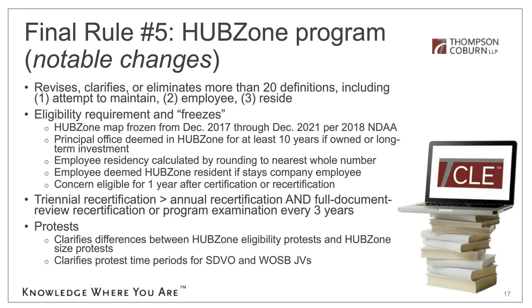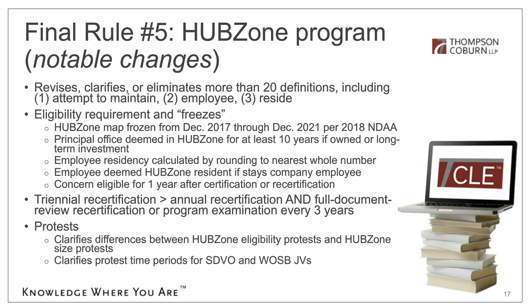And just for clarification for folks who aren't as familiar, HUBZone refers to historically underutilized business zone. So if, for instance, a zone becomes more utilized, it may fall off of the HUBZone map.